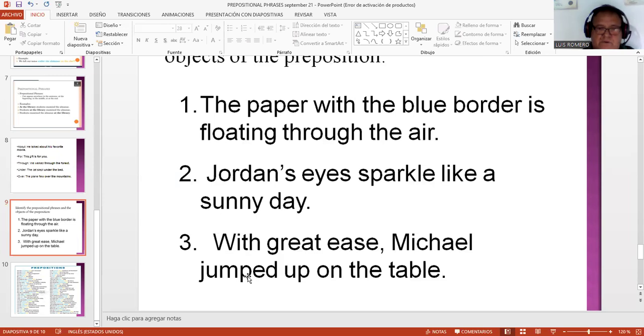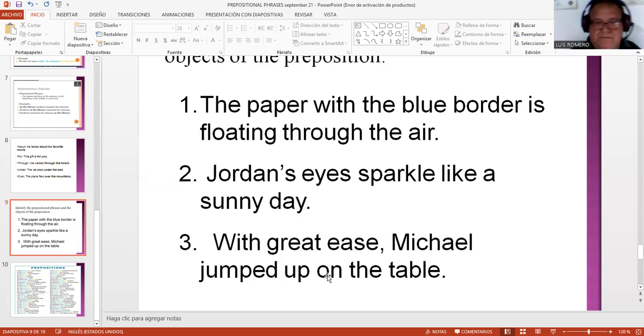Tell me first of all where the prepositions are, just only the preposition. Up, on. Excellent. Once you find the preposition, you only have to find where the noun is. If on is a preposition, what is the noun? The noun will be the table. Right. Table. Good.